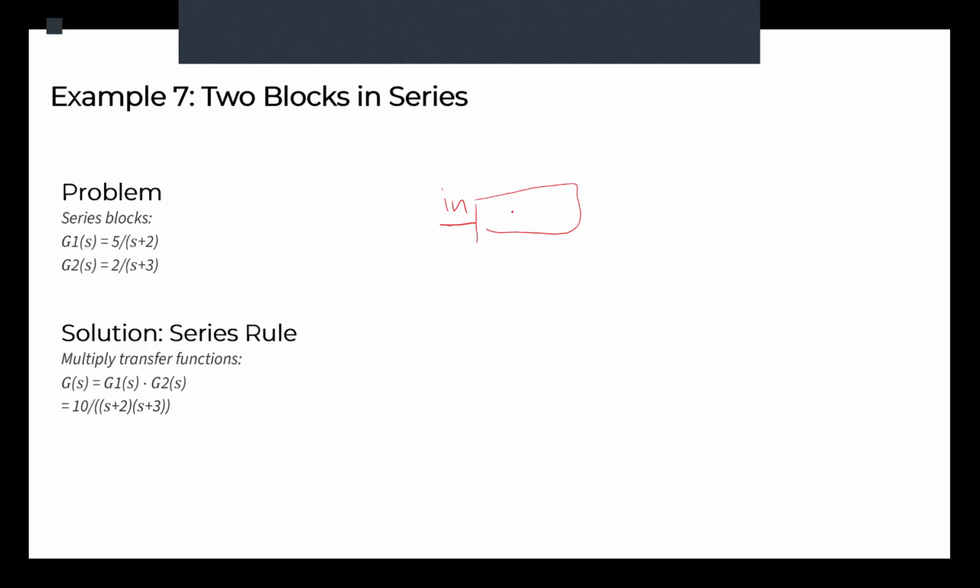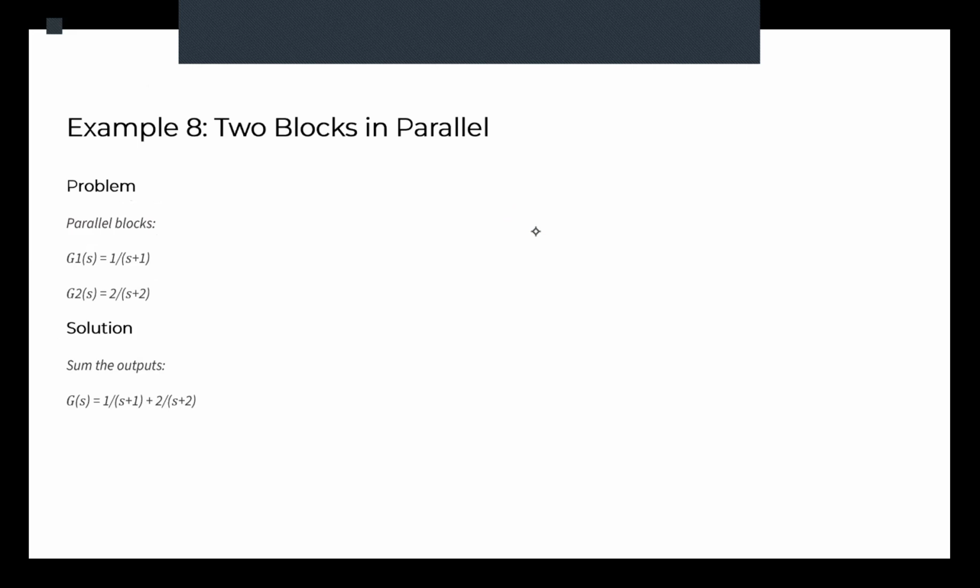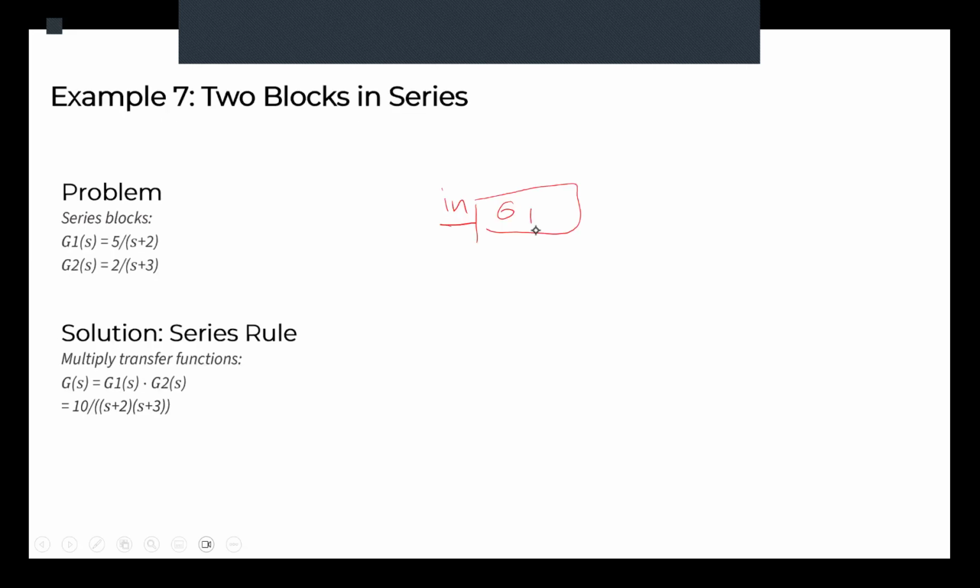One block is G1, which gives us our middle parameter, or the first output of our system. Then that output becomes the input of the second block. Are we good? So we have G2, and then we have the ultimate output of our system.